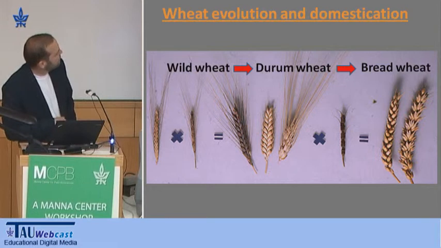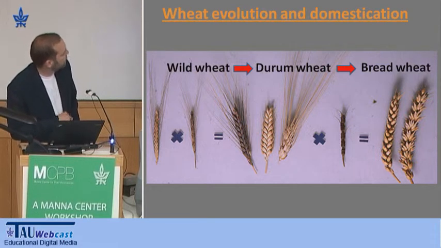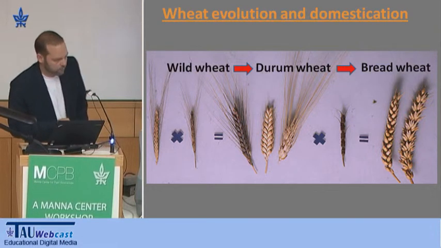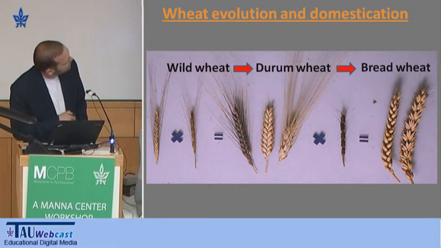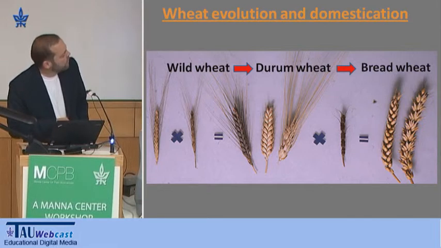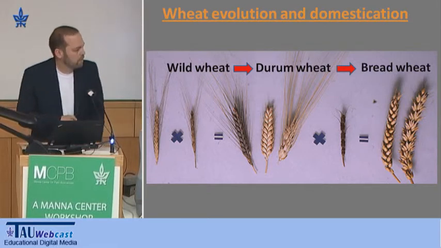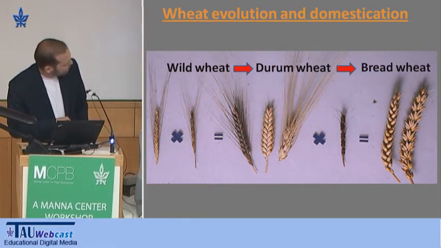500,000 years ago, there was a hybridization of two diploid wheat-related species that gave rise to wild emmer wheat. This wild emmer wheat was domesticated 10,000 years ago and gave tetraploid wheat. It's tetraploid because it's a combination of two diploid species.